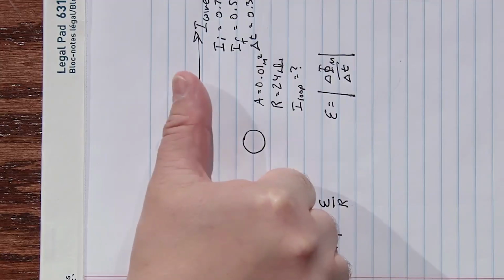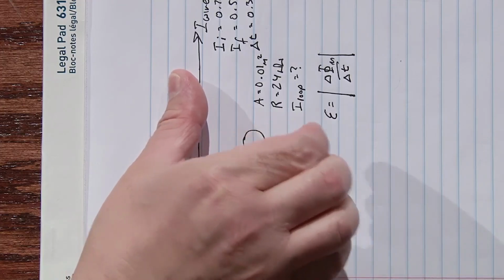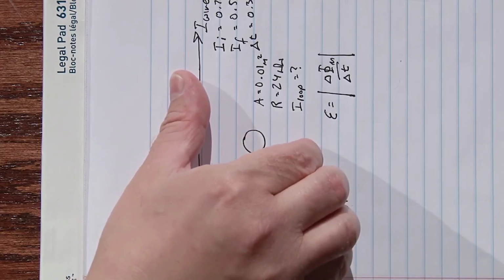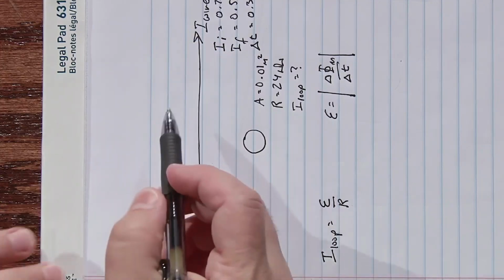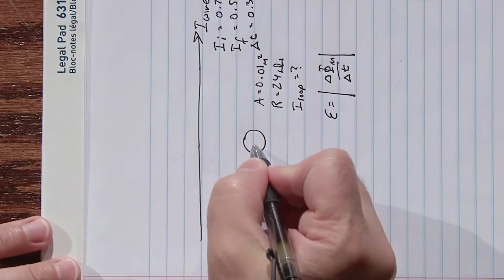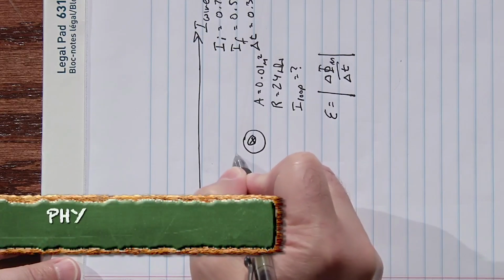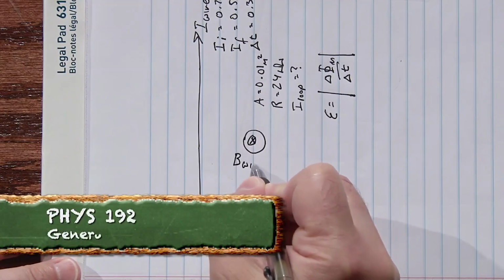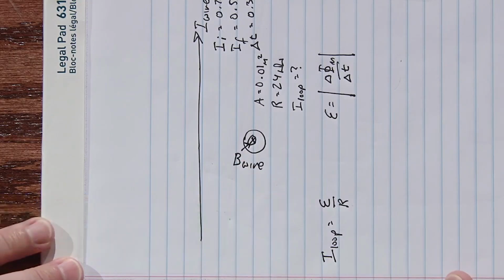I'm going to lay my right thumb along the direction of the wire, and that means that my fingers will curl into the page on this side and around and out up here. So the magnetic field from this wire is into the page at this location. So this would be B wire. That is the magnetic field from the wire is into the page.